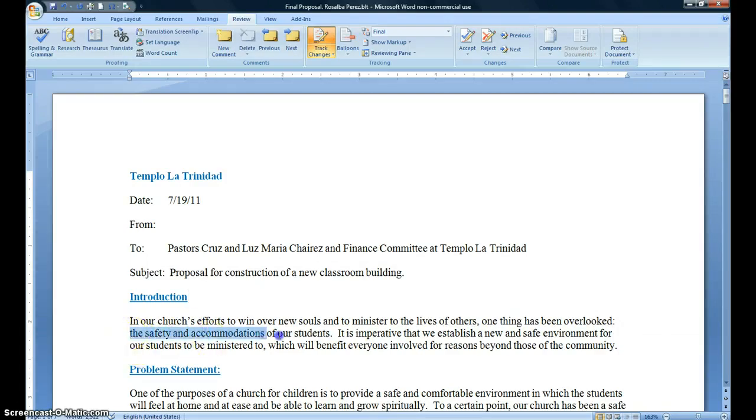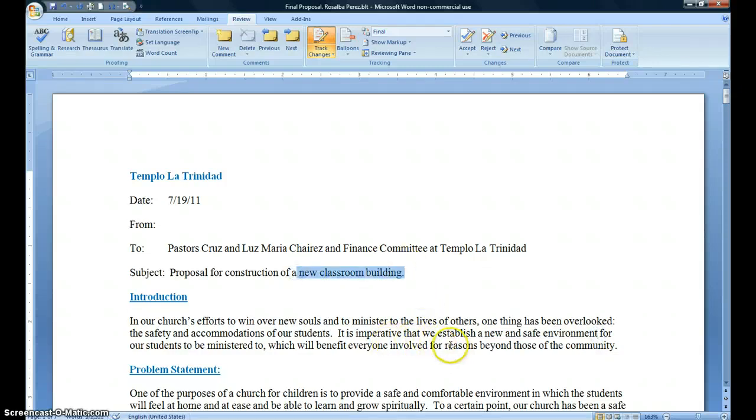The safety and accommodations of our students, I wish she would have said the safety and accommodations of our students in the current classroom situation. But it does give you the whole problem, and it does give you the solution: establish a new and safe environment. But that's probably not concrete enough, because the solution is to build a new classroom.